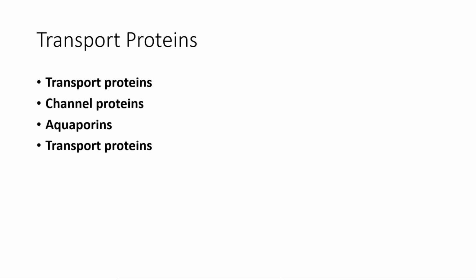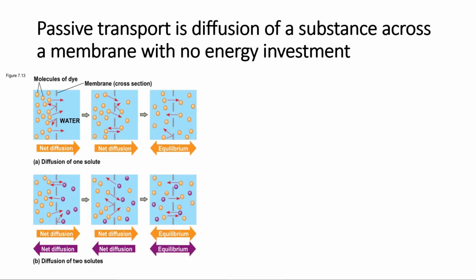Now, diffusion. Diffusion is the tendency for molecules to spread out evenly into the available space. This is what diffusion is: movement of substances evenly into the space.